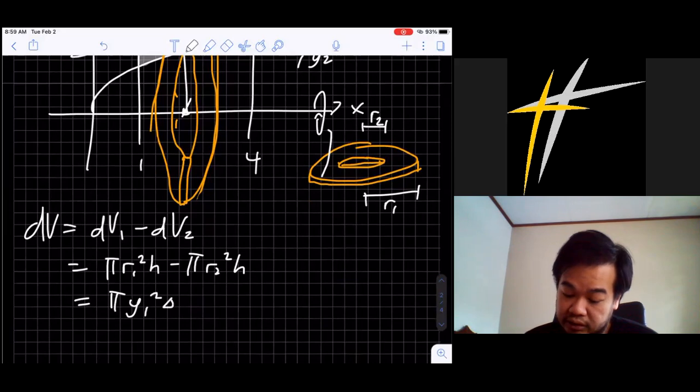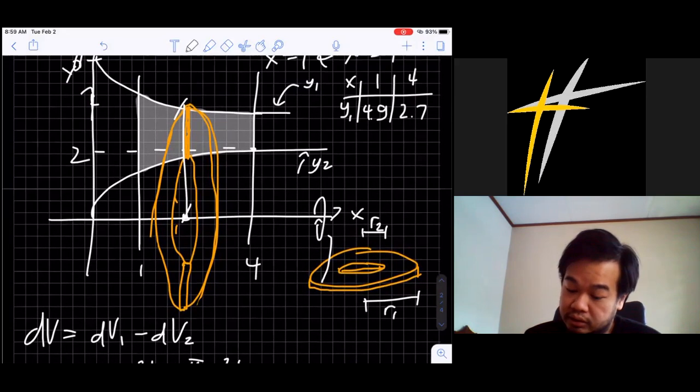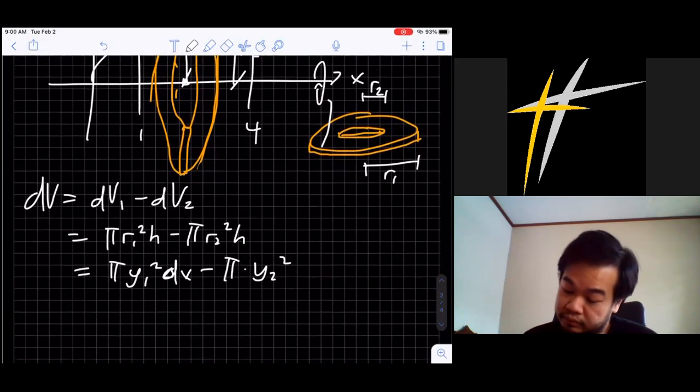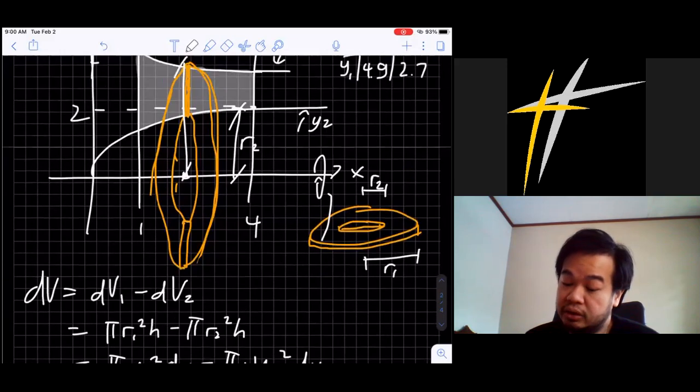Height is dx, the thickness of your disk. And then minus pi R2, which is Y2. This is R2. Okay, times dx.